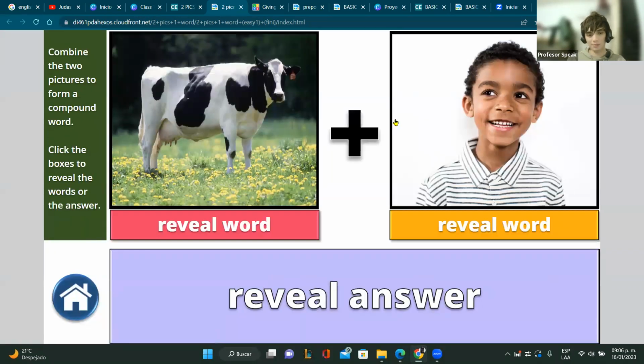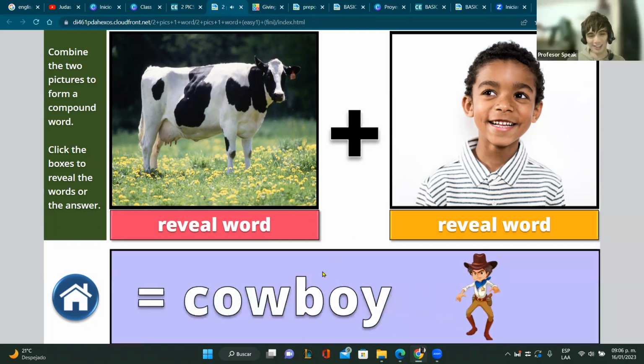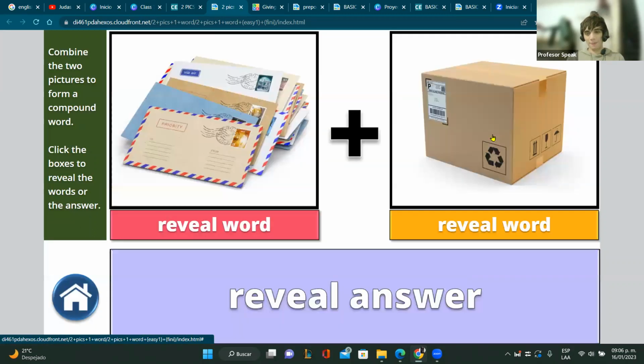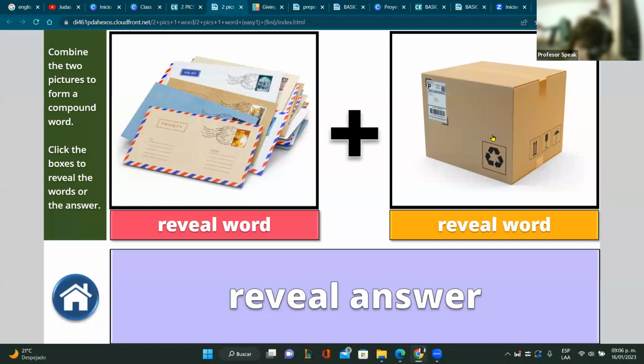What about this one? Cowboy. Very good. Perfect. What about this one? Mailbox. Very good.